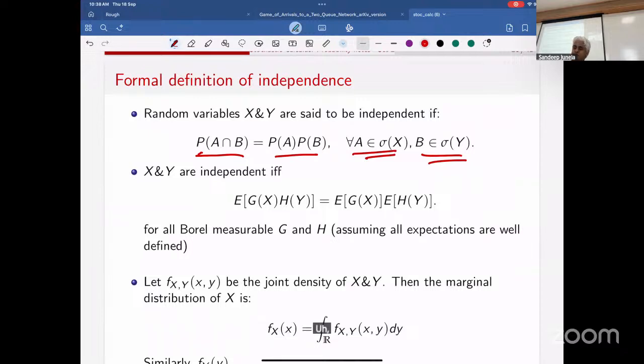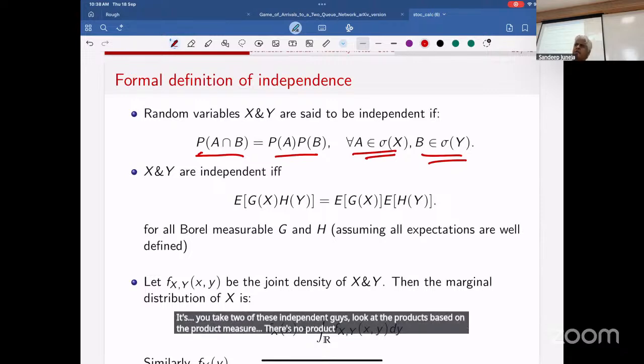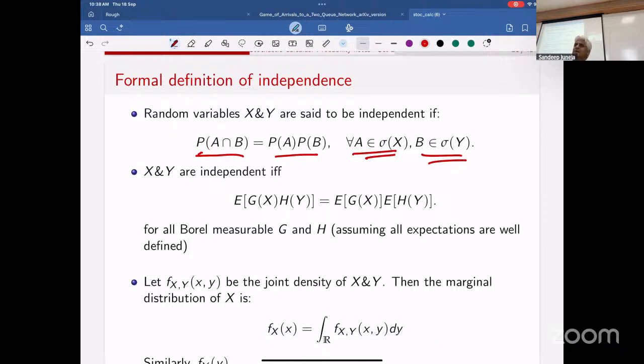P of A intersection B is now the product. Yeah, it's from the product space. You take two of these independent guys, look at the product space and the product measure. No, no product space. A intersection B, it's just a Venn diagram. It's on the same space. But sigma X and sigma Y can be distinct, right? Sure, sigma X and sigma Y can be distinct. That's the measure.